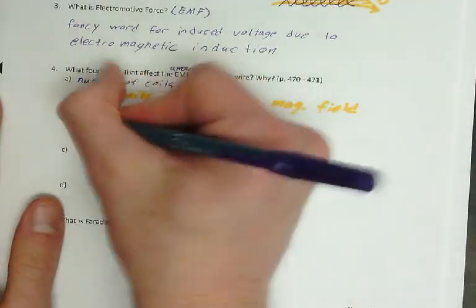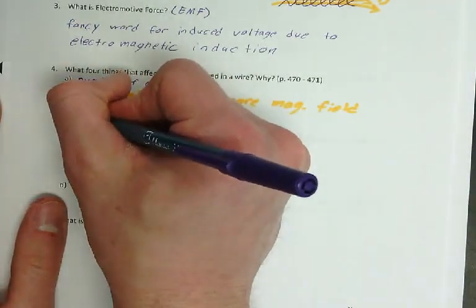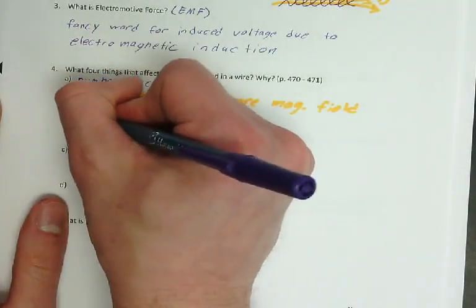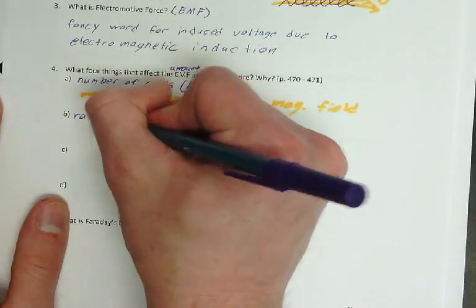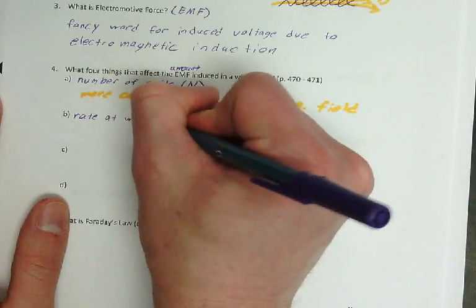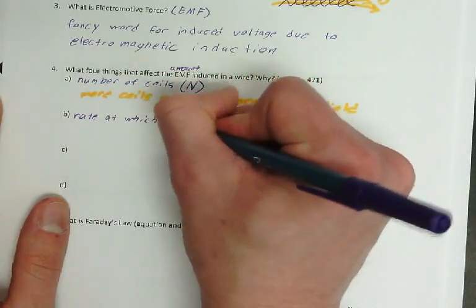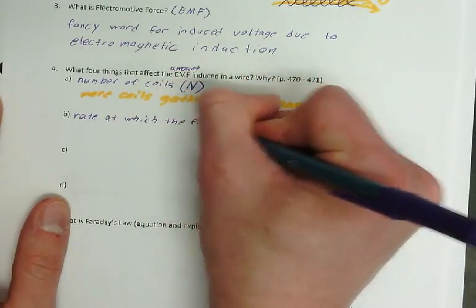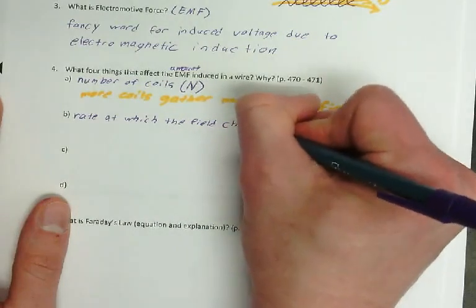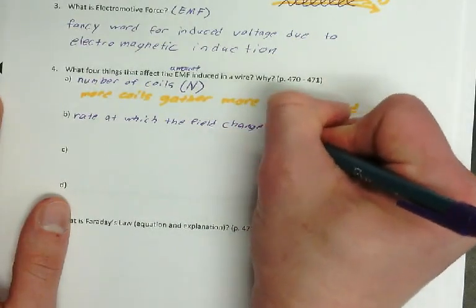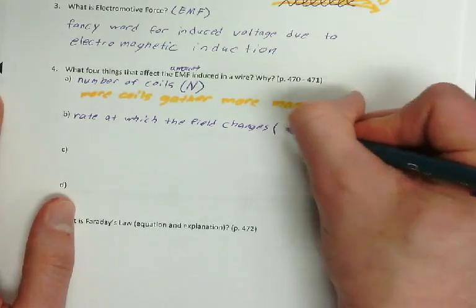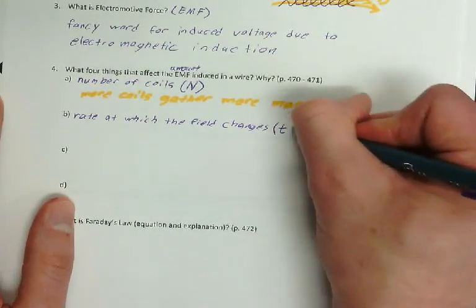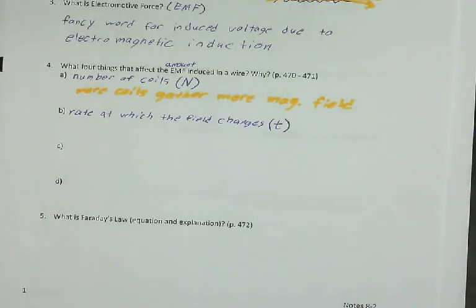Speed of the magnet, yes. So I'm going to say the rate at which the field changes. That's what the speed of the magnet is doing. So you have to have a change in the field. And so the rate at which that field changes is the second thing, and that's called t for time, the time it takes to do this.